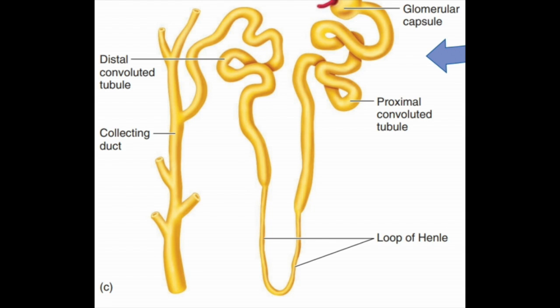Once blood enters into the nephron, the first stage of filtration is complete because only certain ions can pass through the membrane that is the glomerulus.